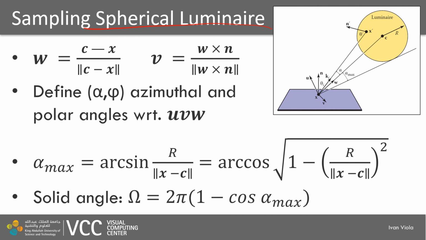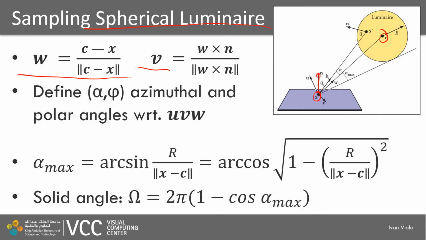To make this happen, we first establish a coordinate system UVW, where the W vector will connect our surface point with the center of our light source. Then we calculate the V vector as a cross product between the normal at the surface and the W vector. And then we calculate the U vector of the coordinate system as a cross product between W and V.